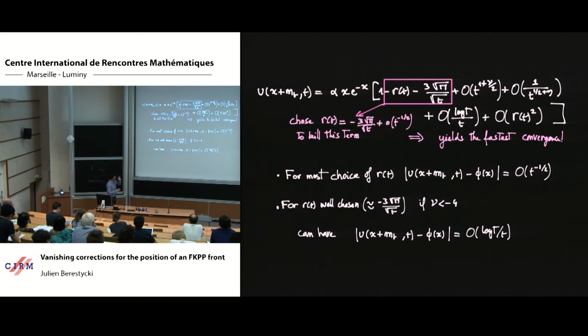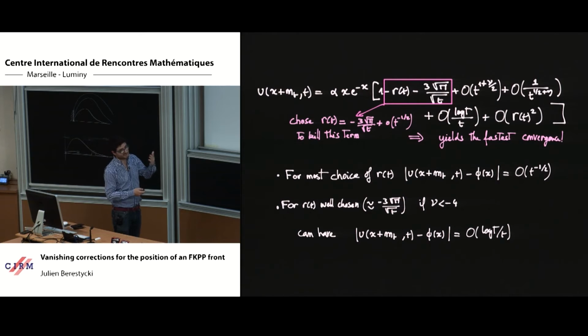Whereas if you center just right, again, I think that the speed of convergence of the KPP solution around its median, for instance, to the critical traveling wave is going to be of this order, which is also an interesting result, of course.